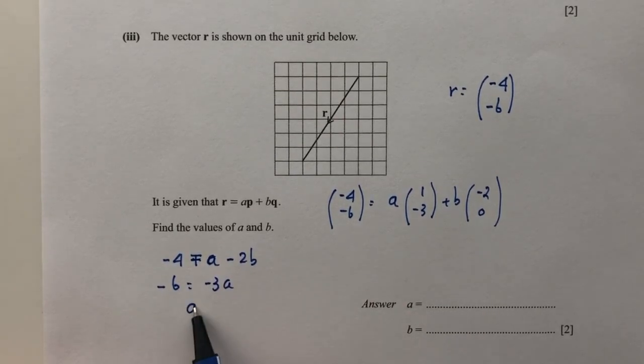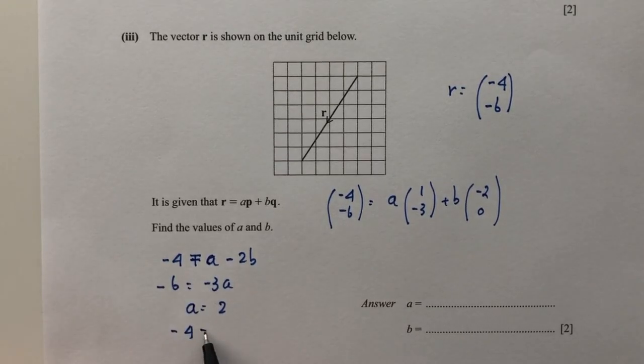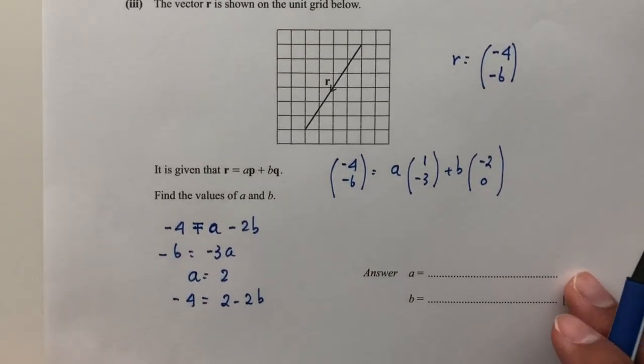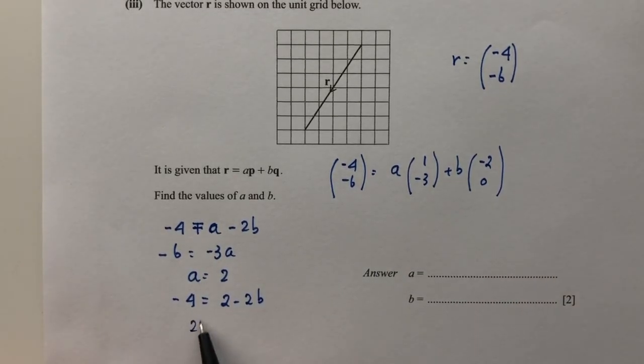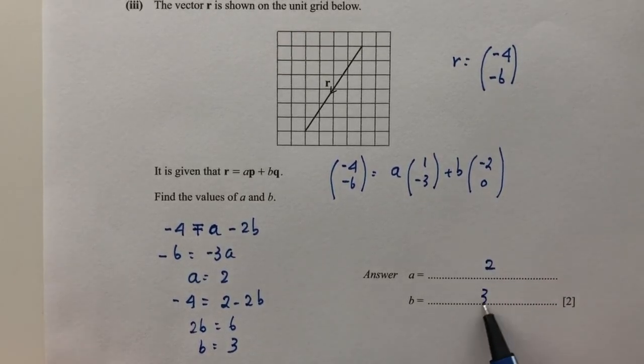So from this we know A is equal to 2. Then -4 equals 2 minus 2B, so 2B will be 6, B will be 3. So the value of A is 2 and B is 3.